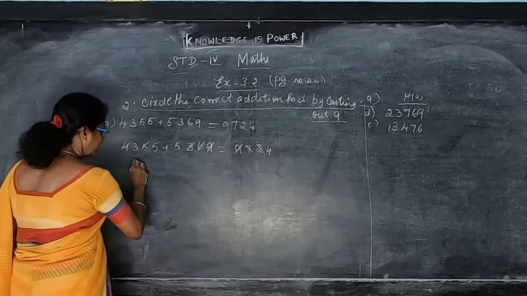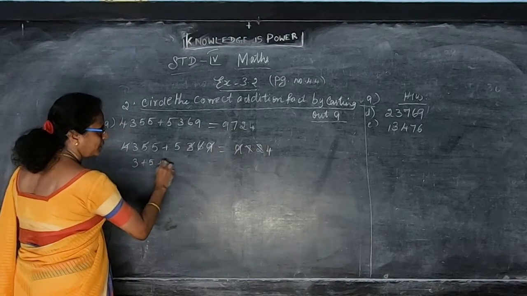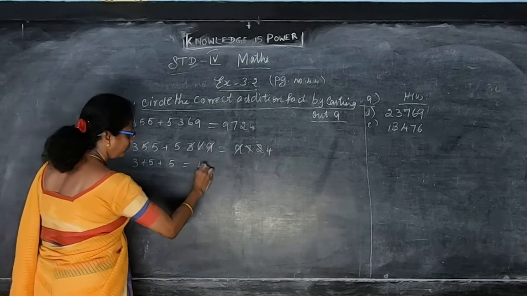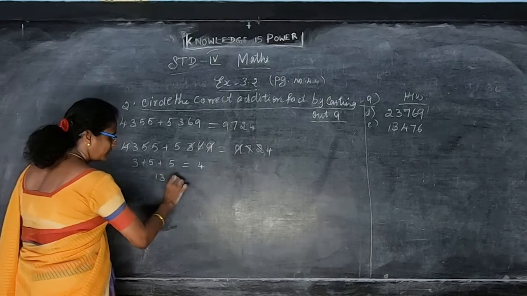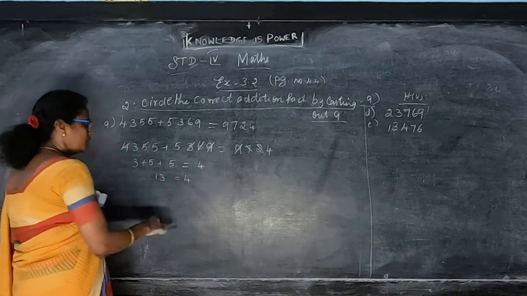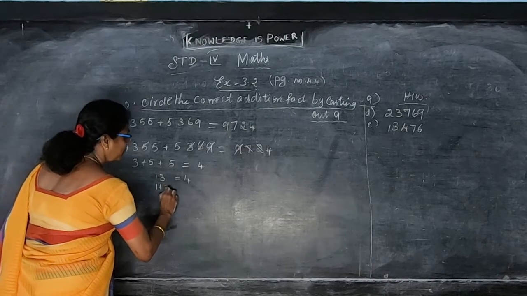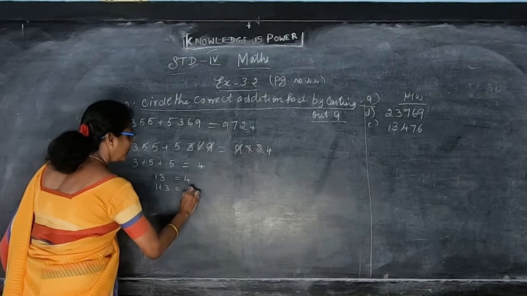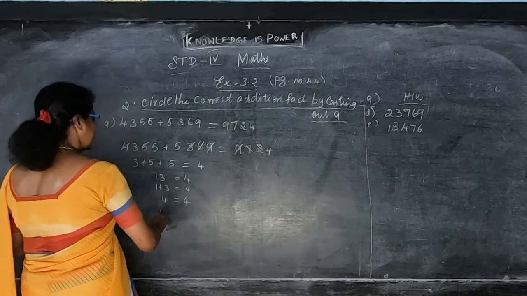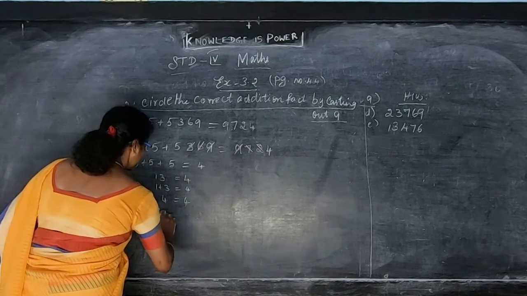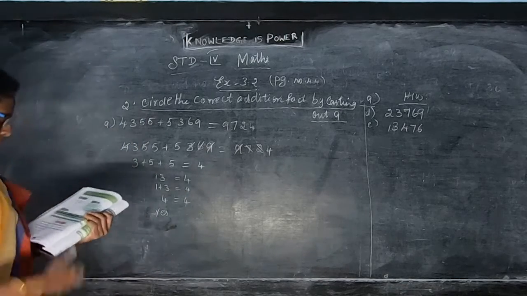So we get 3 plus 5 plus 5, that is equal to 4. So 5 plus 3 is 8, 8 plus 5 is 13, that is equal to 4. So 1 plus 3 is equal to 4. Upper 4 is equal to 4. So this is the correct addition fact. Yes, you put yes, 4 is equal to 4.